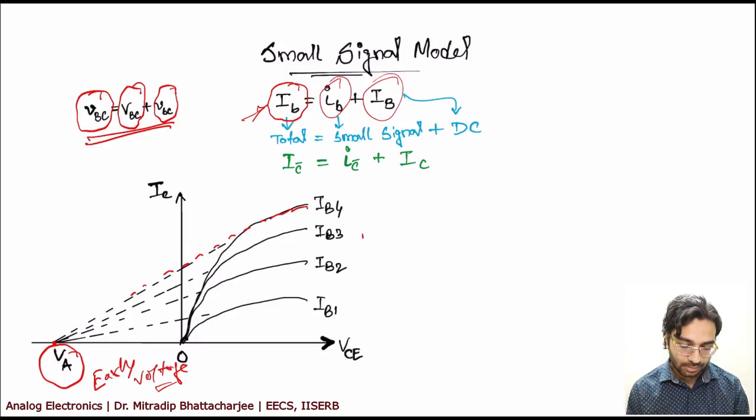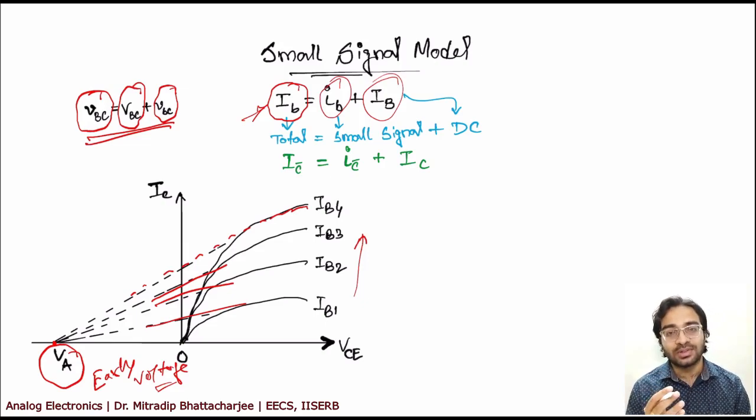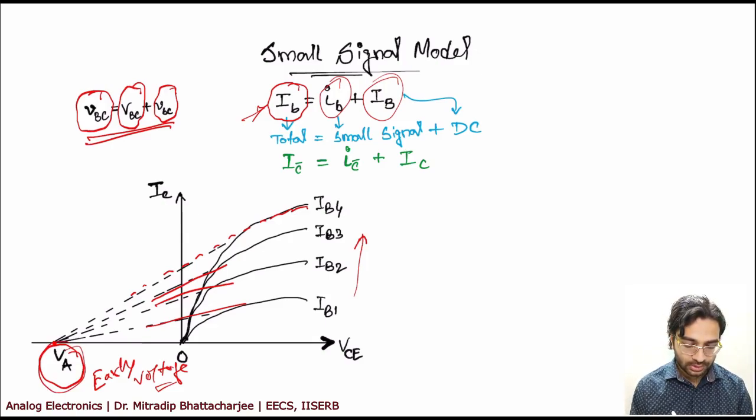So for different IB, the slopes are different, so the value of output resistance will be different, although the early voltage is the same. If you calculate the output resistance from this curve, that means if you take the biasing current over here and start calculating this resistance from this curve, which will be V equal to IR, I already have shown.